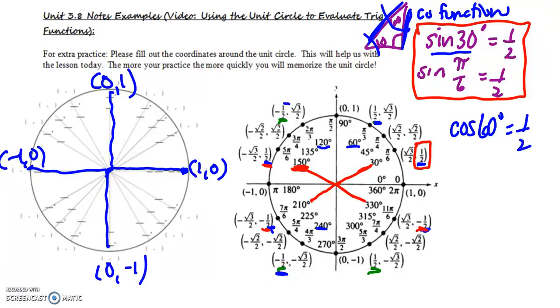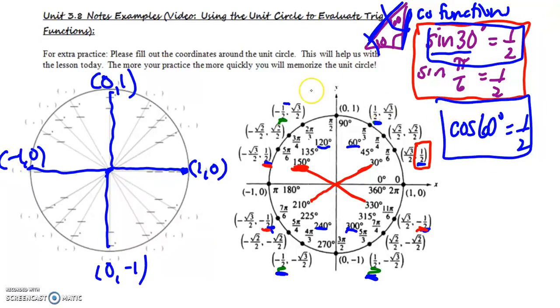Yes, there is. And then last but not least, is 300 a multiple of 60 as well? Yes, it is. Is there a 1/2 in the x position? Yes. So if you have this memorized, you get this one for free, and so some of these coordinates will be much easier to get.